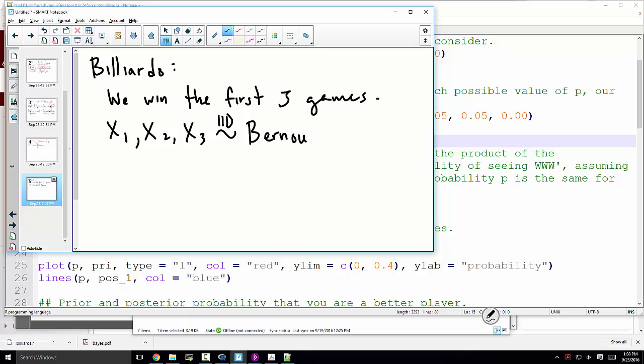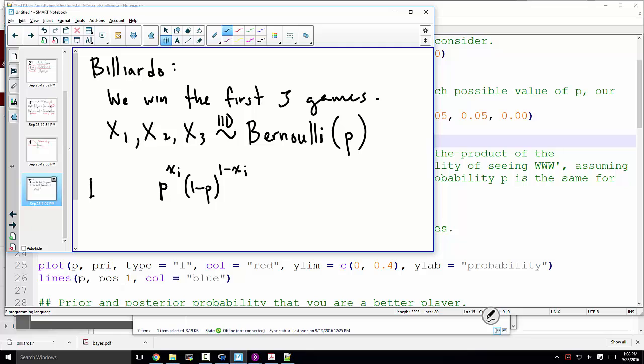Bernoulli is just like flipping a coin or doing a trial where there's some probability P of, quote, success, otherwise fail. If x1, x2, x3 are Bernoulli, the distribution of a Bernoulli is P to the x times 1 minus P to the 1 minus x.